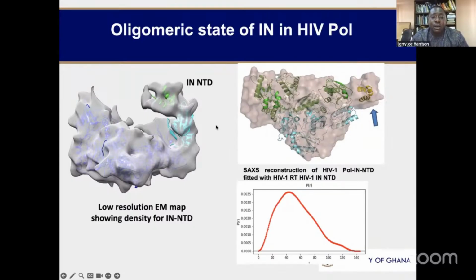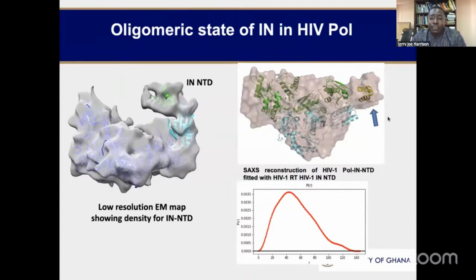So we're very excited that we could see some part of the integrase, even though we couldn't tell what oligomeric state it is in. At least it clearly tells us that the protein is intact, and that we have gained some insight into what is happening.